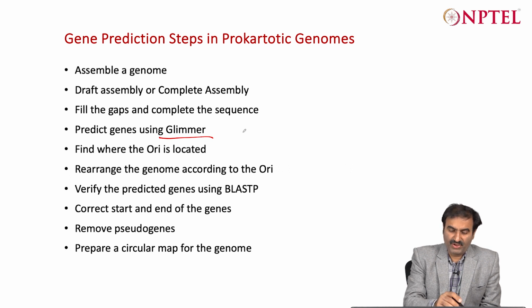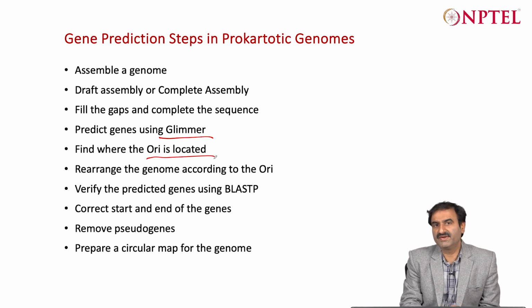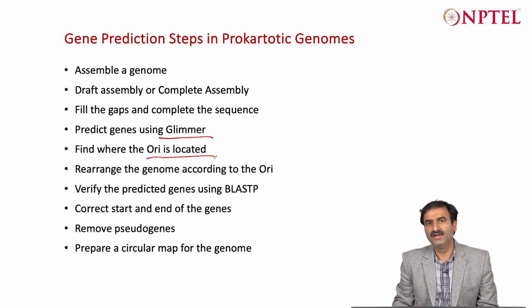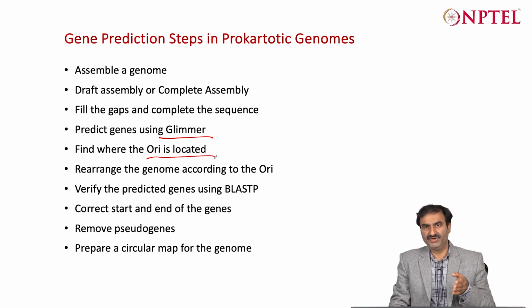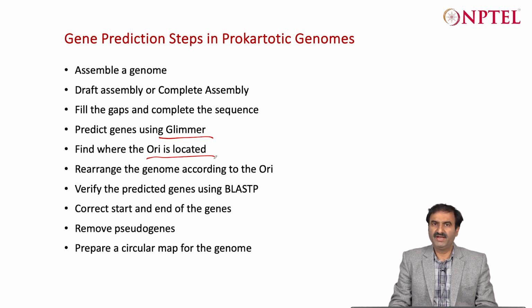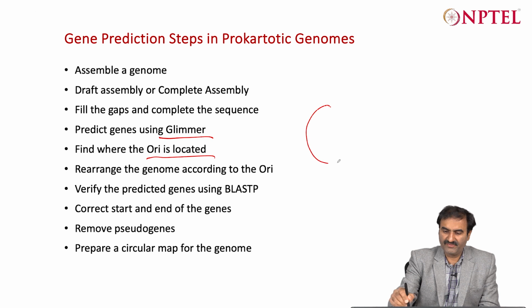Then you also should look at the origin of replication, that is, what is the origin of replication gene in that list of genes, and you may like to rearrange all the genes by keeping the origin of replication or ORI gene or chromosome DNA A gene, right, as the first gene in your genome, and rearrange all the genes, because it is like a kind of circle with many spokes, okay.